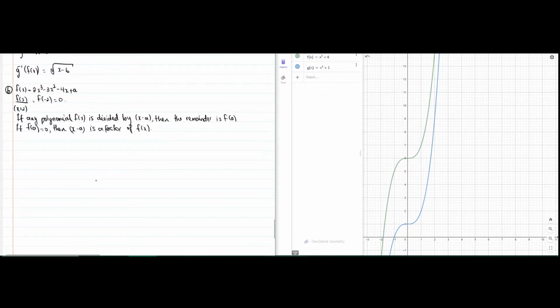Calculate what f of minus 2 is. 2 into minus 2 cubed minus 3 into minus 2 squared minus 4 into minus 2 plus a.